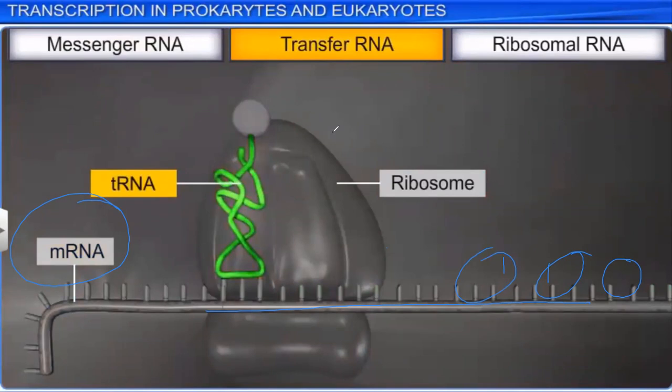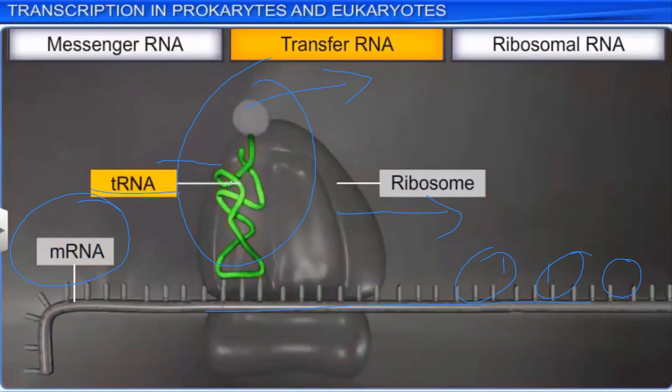This is the ribosome, and inside it there is rRNA. This green one is the adapter molecule, which brings the nucleotides. This adapter molecule we call transfer RNA, also known as tRNA.